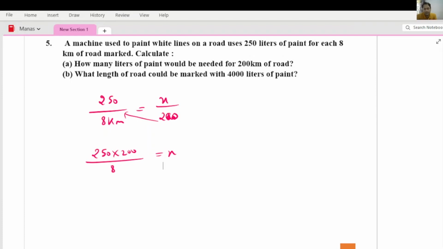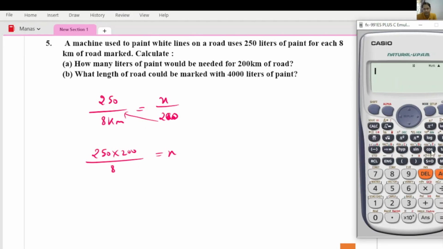So 250 into 200 upon 8 will be equal to x. So how many liters will be required? Let's use the calculator here. 250 multiplied with 200 and then divided by 8, you will get the answer 6250.